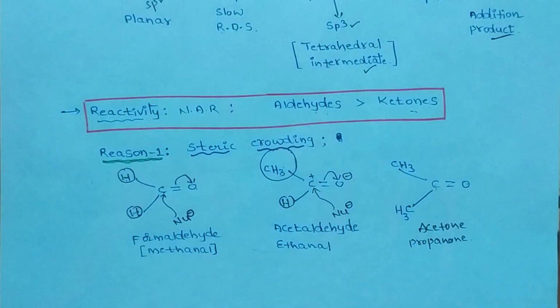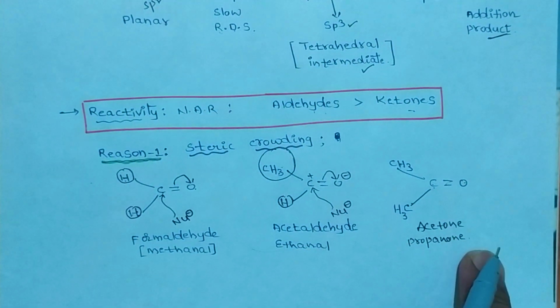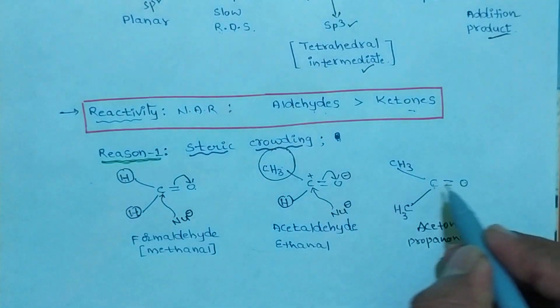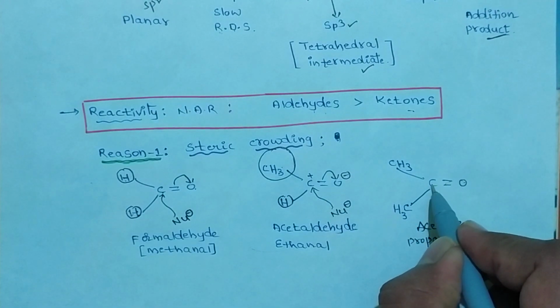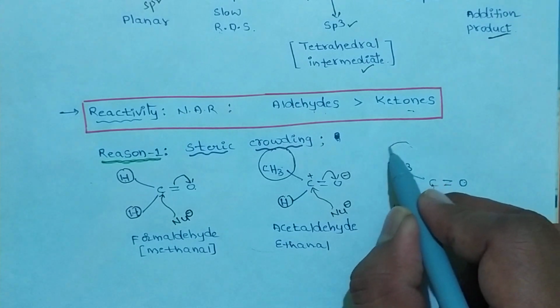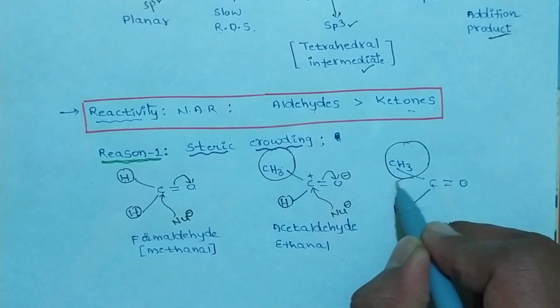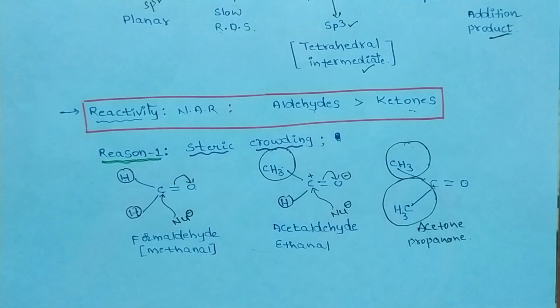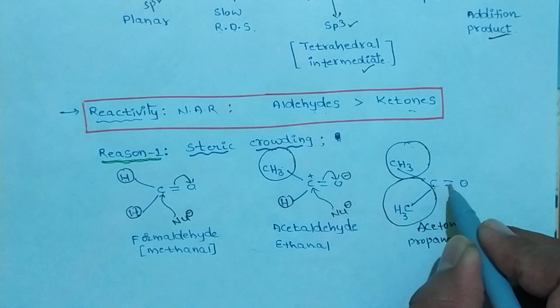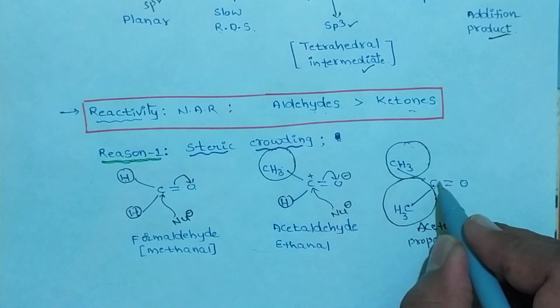Next, when we are taking acetone, here is the CO group, the carbonyl carbon. Around this carbon, two methyl groups are present. Whenever two methyl groups are present, what will happen? The steric crowding is more over this carbonyl carbon.